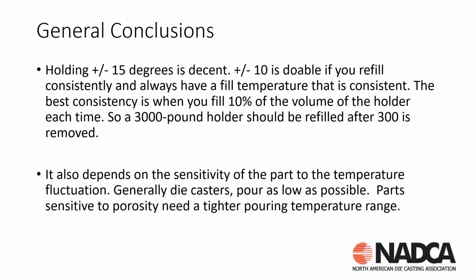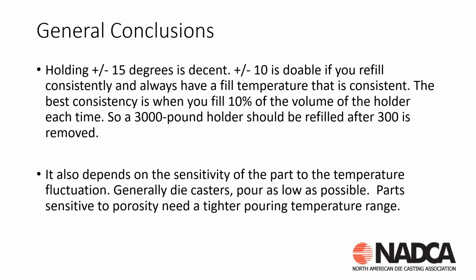As a general practice in die casting, we try to fill our furnaces when they're about 10% of the total volume. So if we have a 3,000 pound holder, we want to fill it when we've emptied out about 300 pounds. Because regardless whether we bring a hot load or a cold load, at a 10% volume, it's not enough to dramatically change the overall temperature of the furnace.